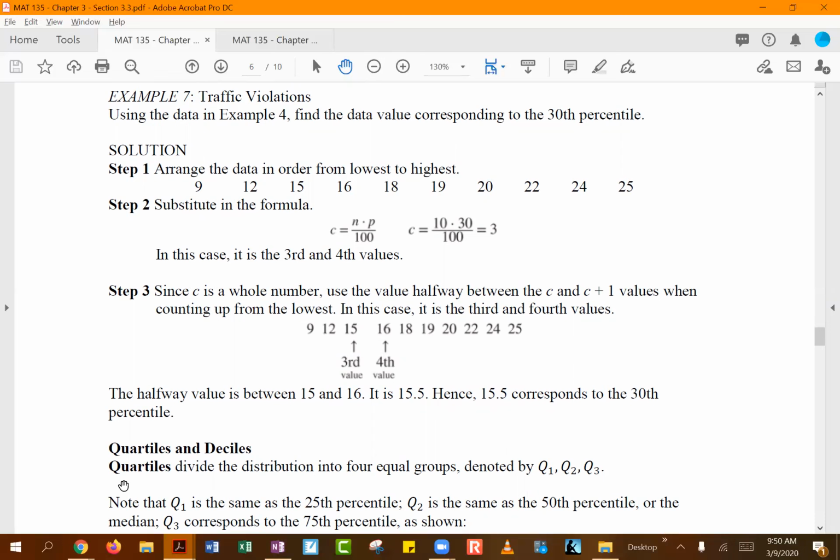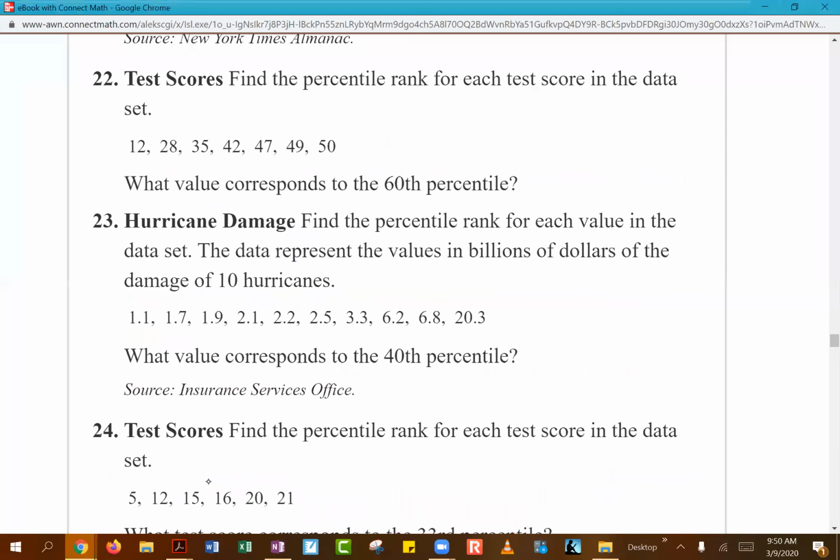So they're asking you the same question in number 23. They're asking you to find what value would correspond to the 40th percentile.